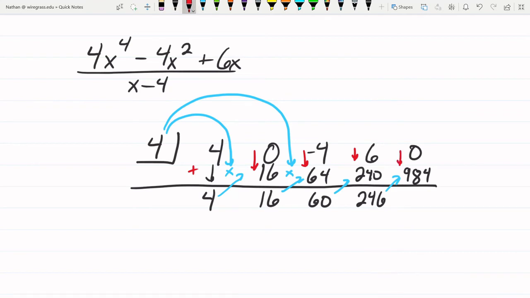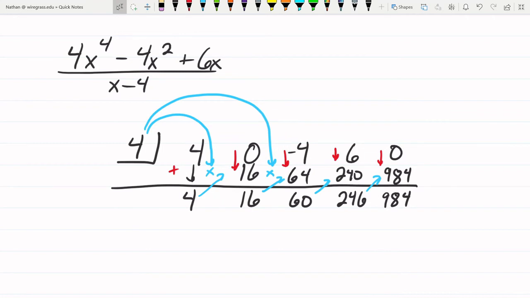I believe that's correct. Yep. Add going down gives us 984. And this last number is our remainder. And what you can do is count up going from right to left here. So this is going to be x to the 0 power, x to the 1, x to the 2, x to the 3, and you keep going up however many numbers are there.